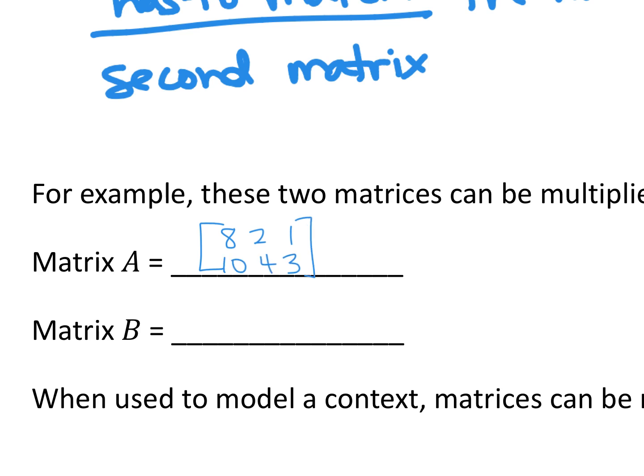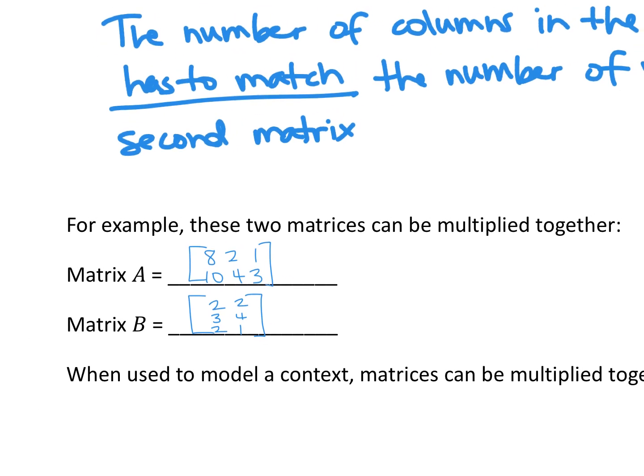And then for matrix B, we have 2, 2, 3, 4, and 2, 1. Then we could definitely multiply matrix A times matrix B.